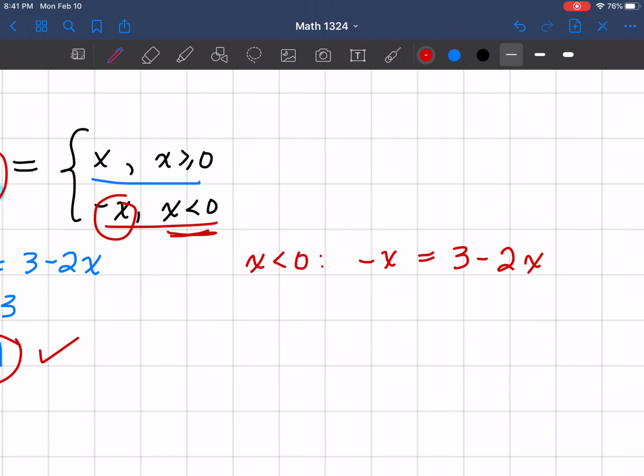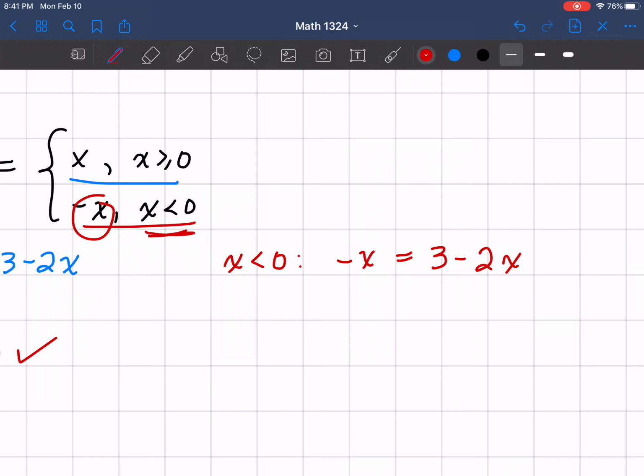Setting those two things equal, we solve it like a regular linear equation. I can, for example, bring this minus 2x over, and we end up getting that 2x minus x equals 3, so x equals 3.